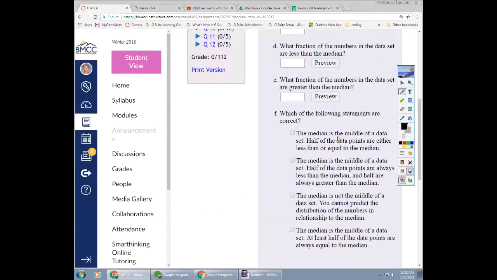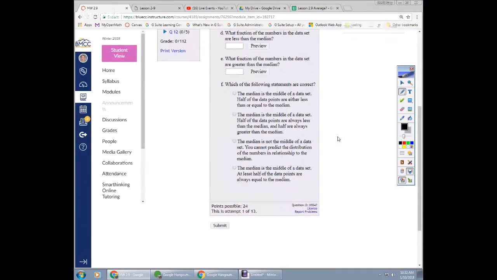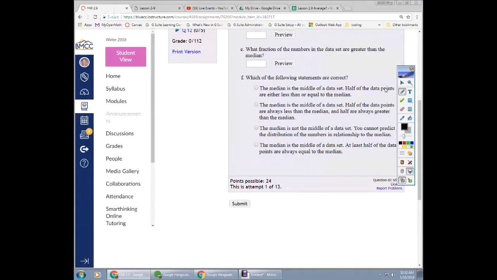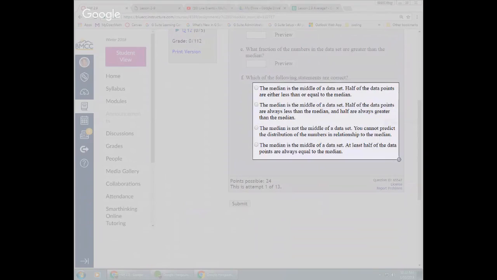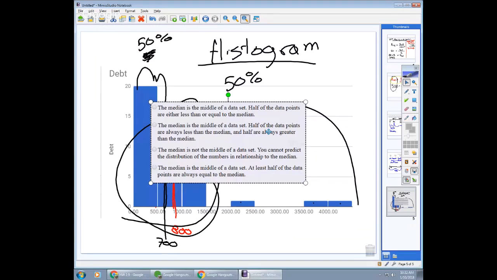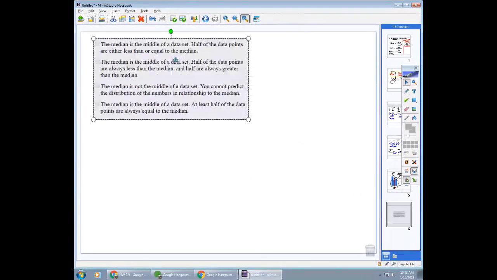Let's see. I'm going to zoom out for a second. I'm just trying to get a version of this I can get a snapshot of to see better. New page. Okay.